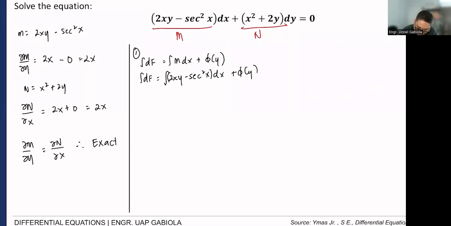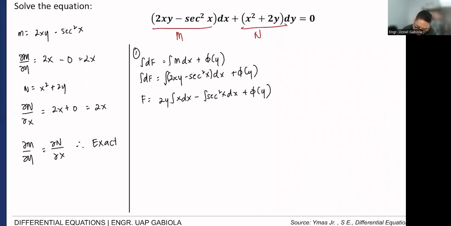So f is equals to, what will be the integration of first term? Ano integration nitong 2xy? Since dx to, pwede natin labas si 2y x dx minus secant squared x dx plus phi y.